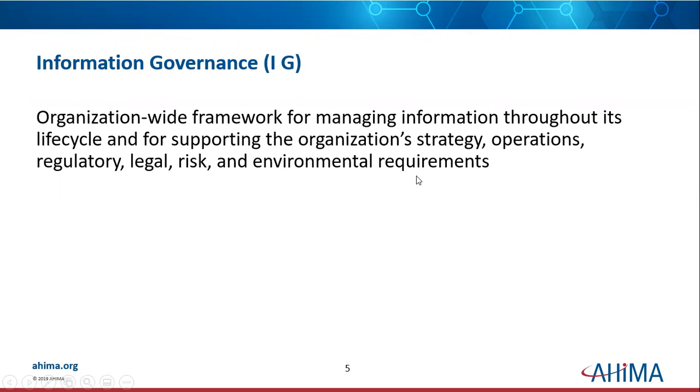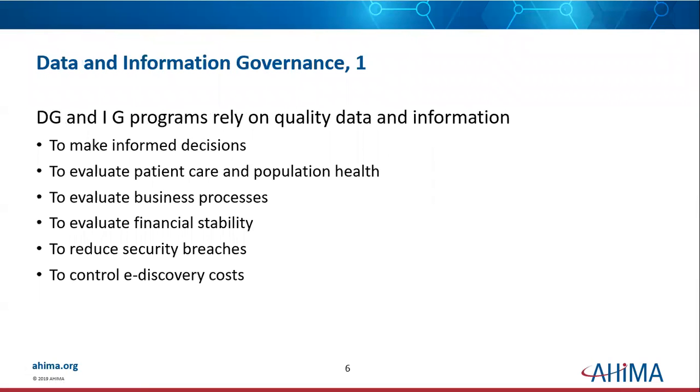Information governance is an organizational-wide framework for managing information throughout the life cycle. And this is the life cycle of a record. Okay, and it supports an organization's strategy, operations, regulatory, legal, risk, and environmental requirements. Data governance and information governance programs rely on quality data and information.